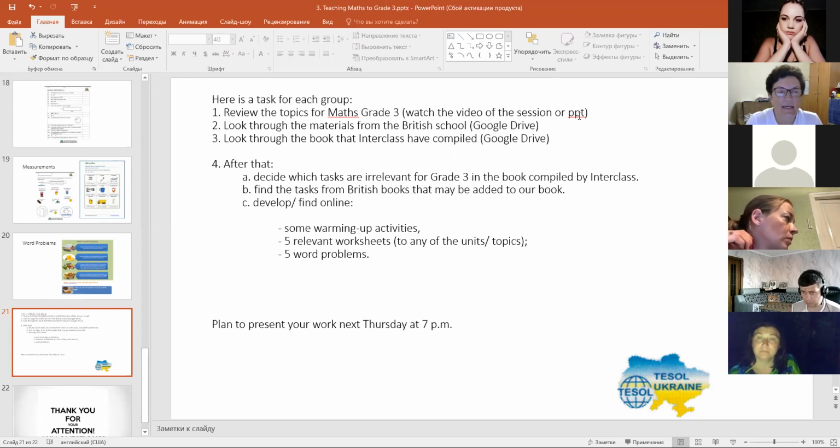After that, in the groups, you will decide which tasks are irrelevant for grade 3. I already gave you a hint that these warming up activities are not good. This first activity is really bad. So let's keep this activity for grade 4, and we can substitute it with something easier.